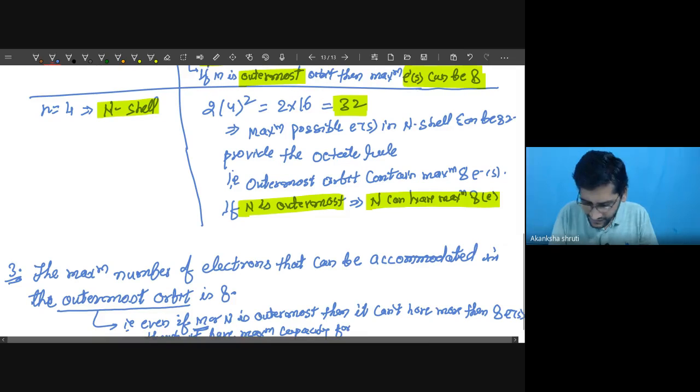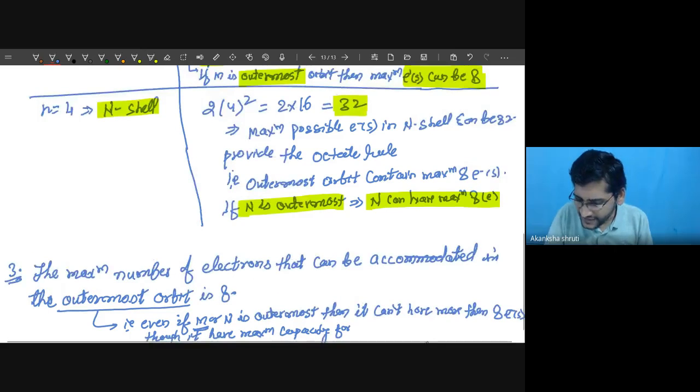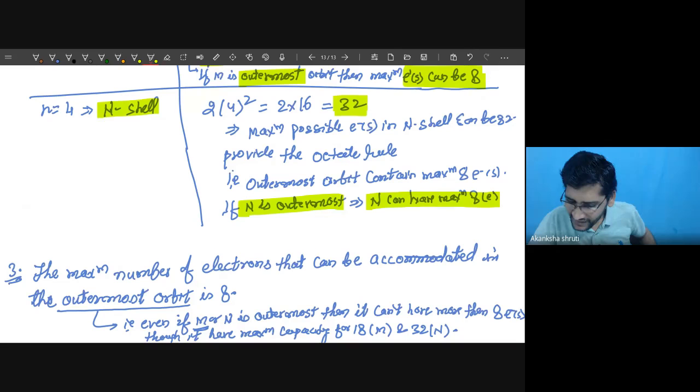Maximum capacity is 18. Yes, and 32 for N. Though it has this much capacity, it can accommodate a maximum of 8 if it is the outer one. If it is the inner one, then it can accommodate 18 or 32.